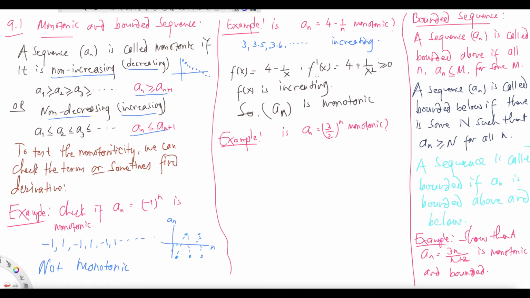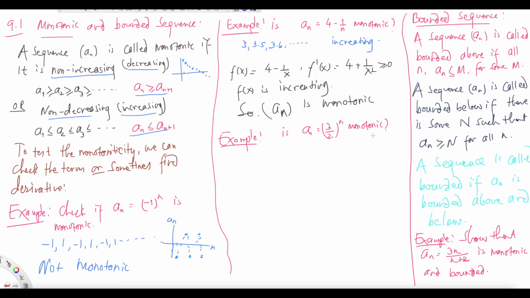Okay, so this derivative technique of testing monotonicity may not work all the time, because it depends on the question. Sometimes finding the derivative may not tell you whether it is positive or negative.